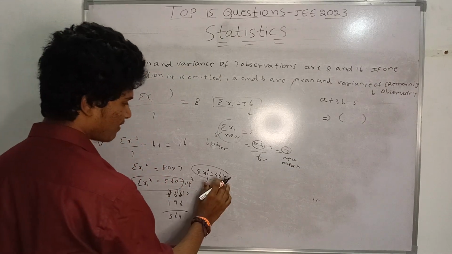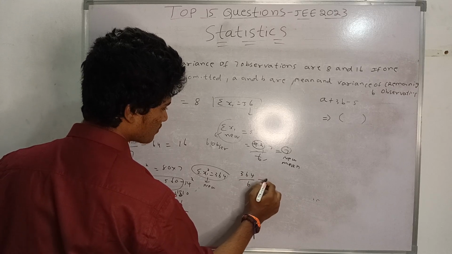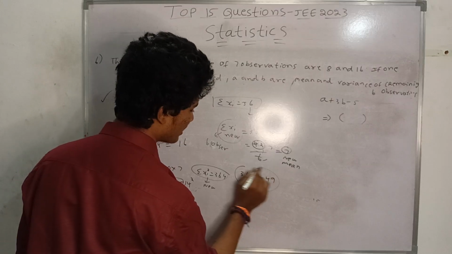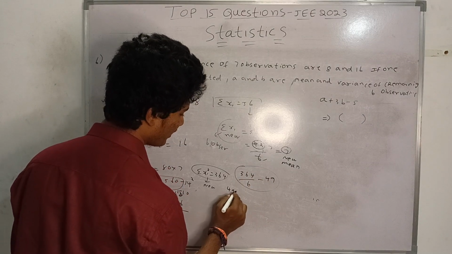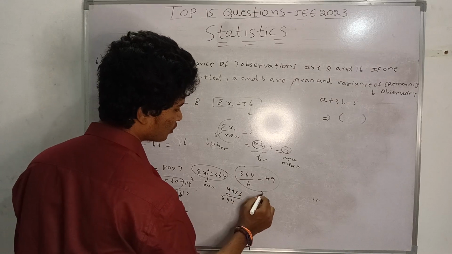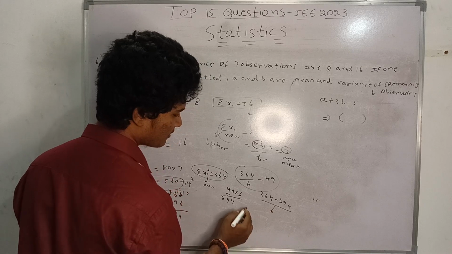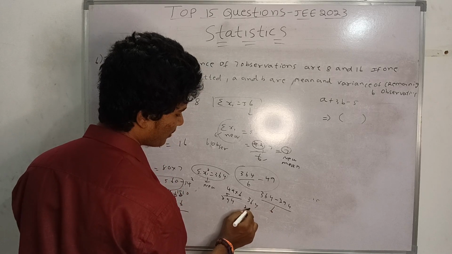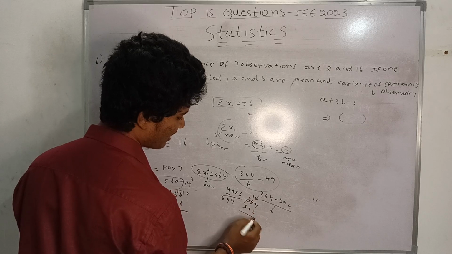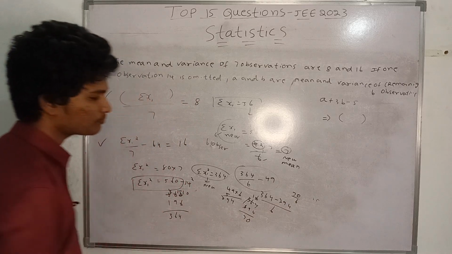And here sigma xi square is 364. 364 divided by 6 minus x bar whole square, that is 49. This term is the new variance. So we have to simply calculate 49 into 6, it is 294. So 364 minus 294 divided by 6, how much is it? It is 70. 70 divided by 6.